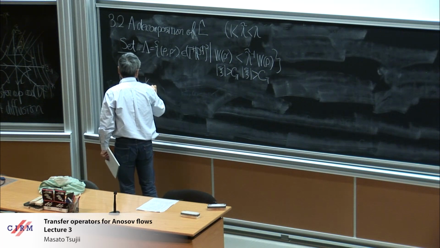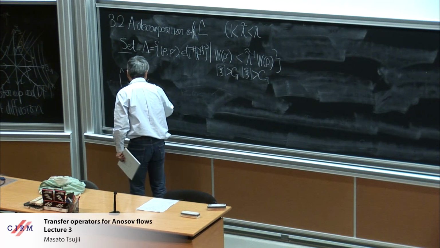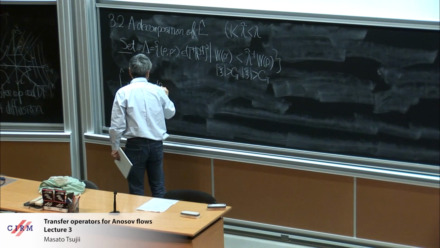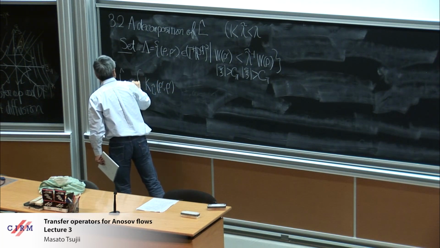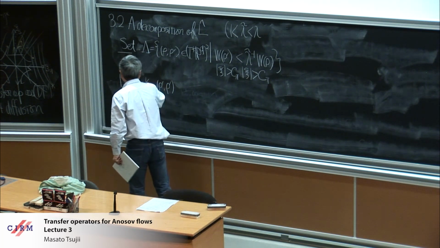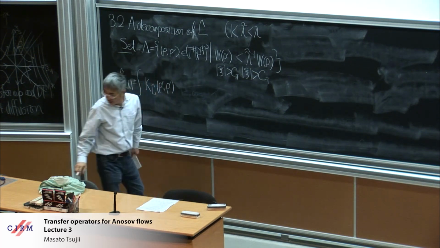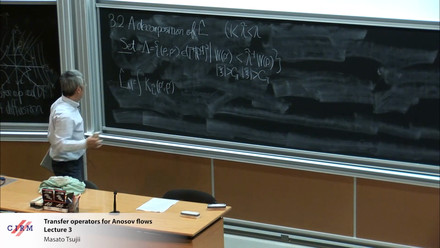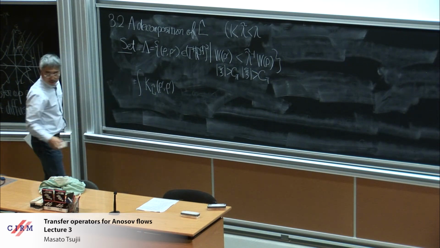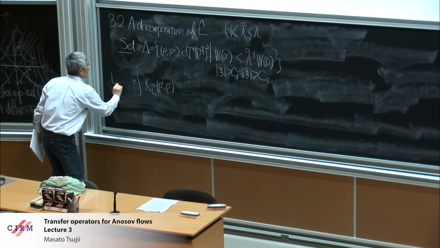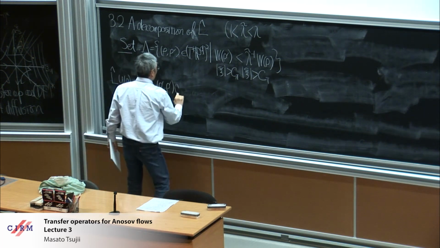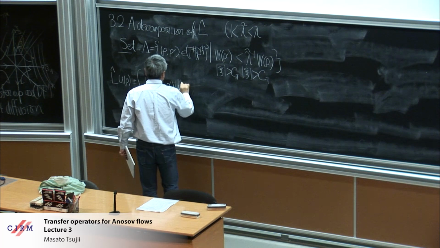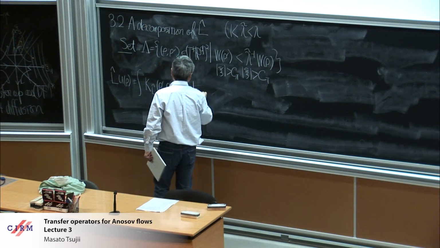K, this is a kernel, and then L hat U rho is the integral of K against U rho dash d rho dash.